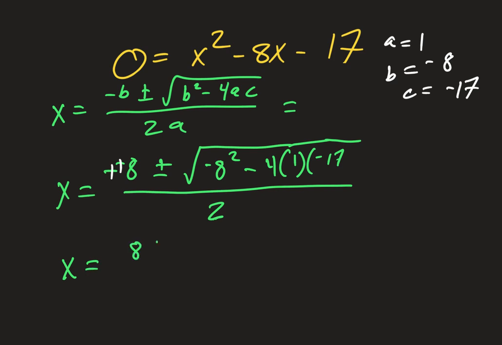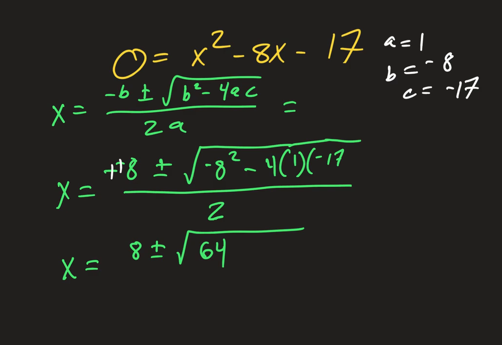X equals 8 plus or minus the square root of negative 8 squared is 64. Be careful. Some of you on your calculators, if you put in negative 8, like on a graphing calculator, if you do negative 8 squared, it tells you the answer is negative 64. Is because the algorithm in your calculator does the squaring before making it negative.